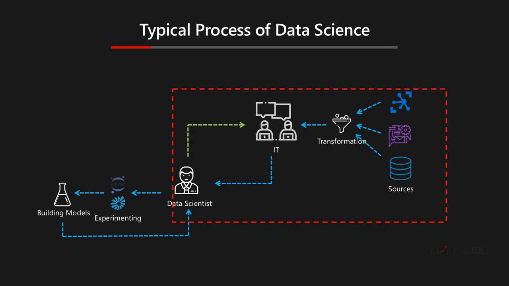But if the data scientist says, okay, I want these new elements, these new records, new columns, new entities as a part of the result set, then the IT department will not be able to use the code written for the previous request, which means they have to reinitiate the whole thing. That will surely hinder the performance of the entire data science process, and the data scientist has to wait.